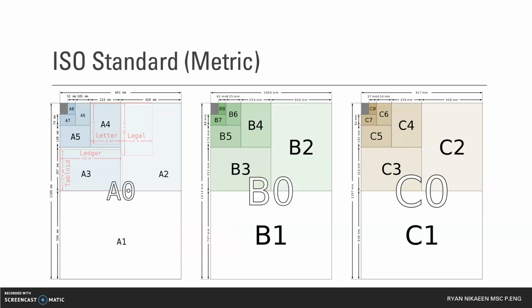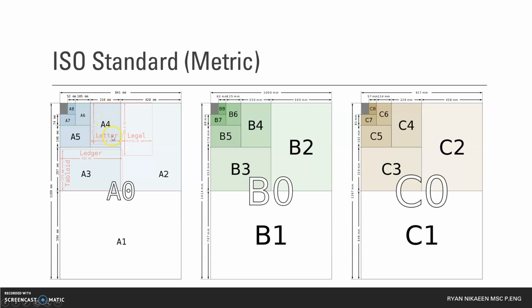For those of you who are international students, or who have spent some time in other countries other than North America, you probably know the ISO standard and the sheet sizes of ISO. For example, people who live in those countries usually deal with A4 paper.